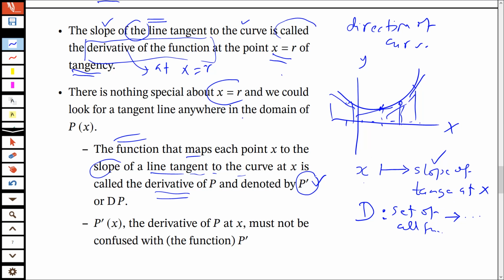So the point I was trying to make is that there is a difference between the derivative at a point, which is a single slope, and the derivative seen as a function. So when I write p prime of x, this should be seen as the derivative of P at a point, and it must not be confused with P prime, which is a function. So this is just a value of that function at x.